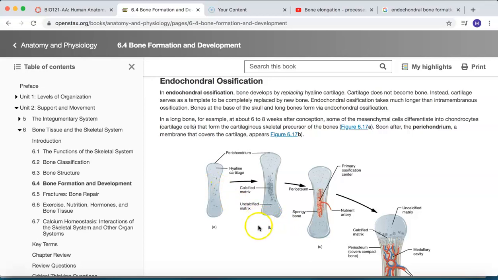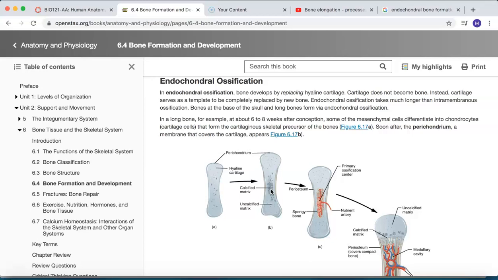And so as we go around to B here, what you can see is the growing hyaline cartilage model of the bone. Now, something interesting is happening as this model grows. It is beginning to be problematic for the chondroblasts and chondrocytes in the center of this model to get their nutrients.